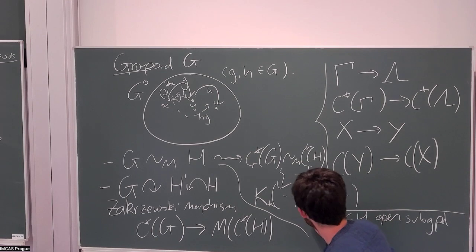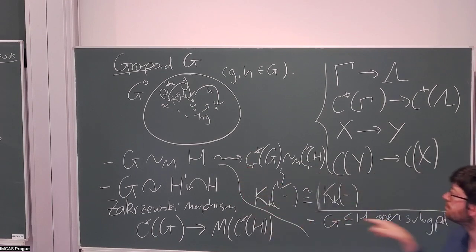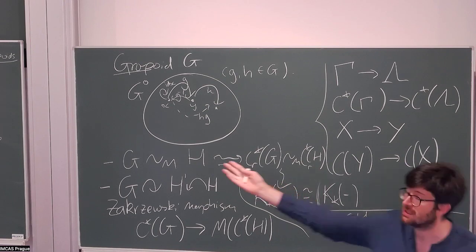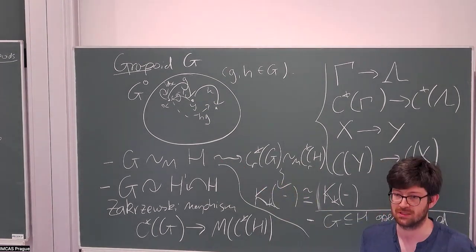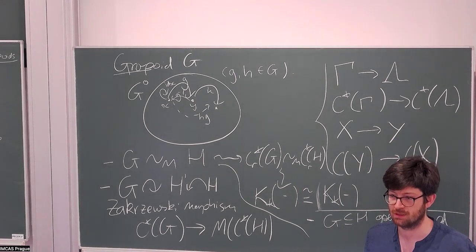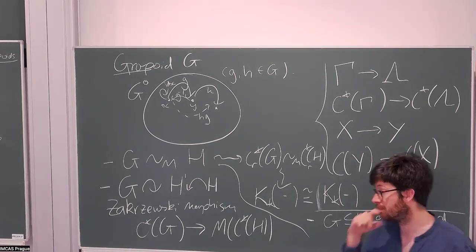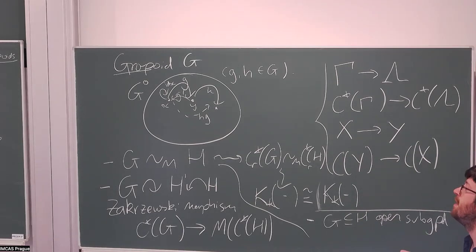So the point is, each of these different kinds of morphism of groupoids is going to give me something good on the C-star level, and correspondences are a common generalization of all of these. Every correspondence is going to be some composition of these guys.